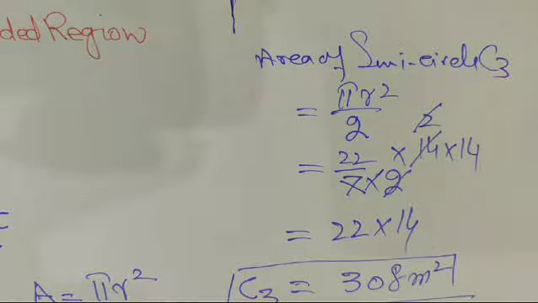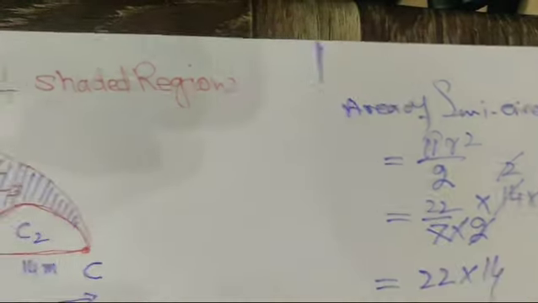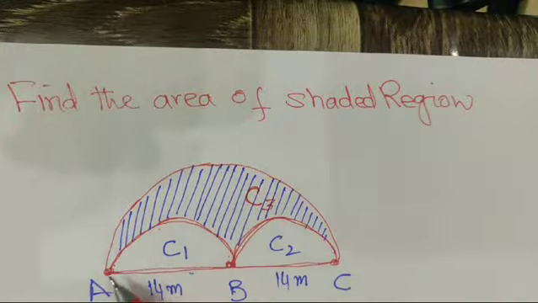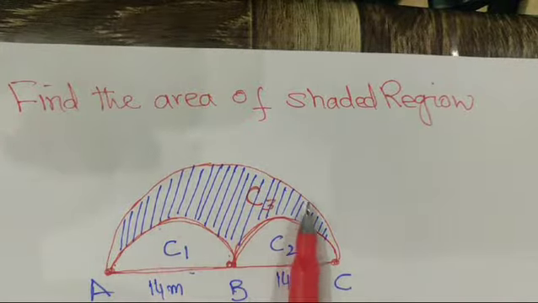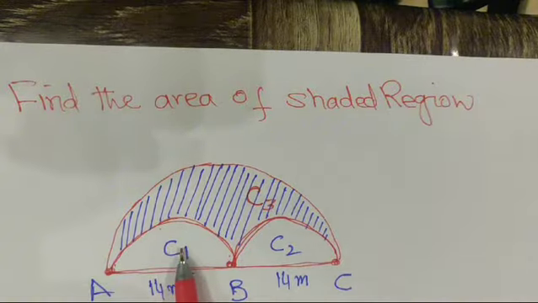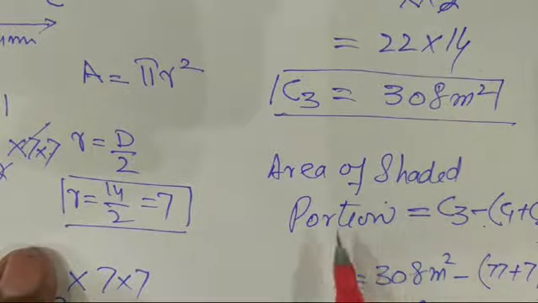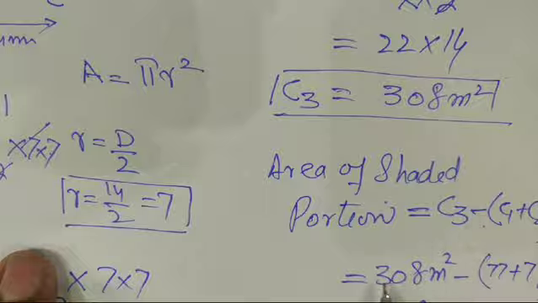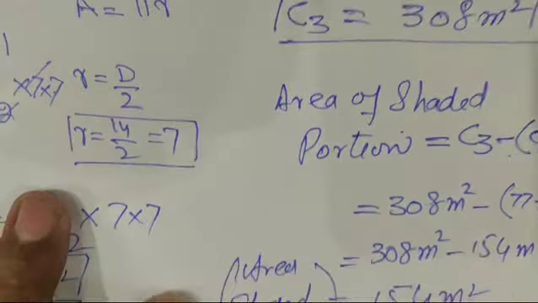Area of the shaded regions, how can we calculate? That is the total area of the semicircle C3 minus C1 minus C2. Area of the shaded portion is C3 minus C1 plus C2, 308 meter square minus 77 plus 77, that is 154.